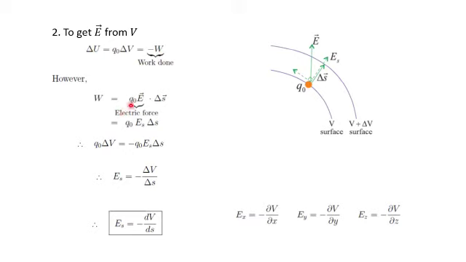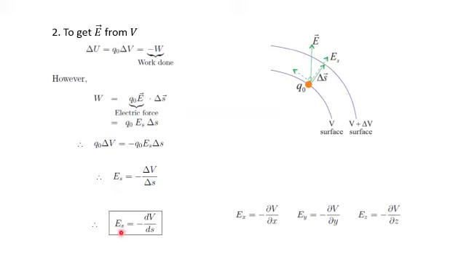This is the electrostatic force. Since this is the electric field and ES is its component, it becomes Q naught ES delta S, because ES is the component of E along the direction of delta S. Equating these two relations, we get Q naught times delta V equal to minus Q naught ES delta S, from which ES is equal to minus delta V by delta S. For small displacement delta S, we can write ES is equal to minus dV by ds.